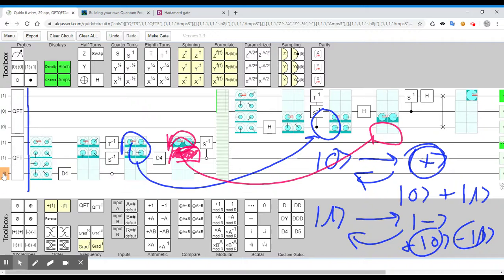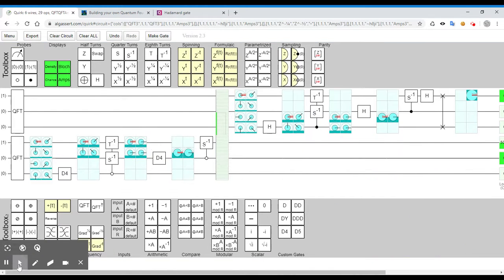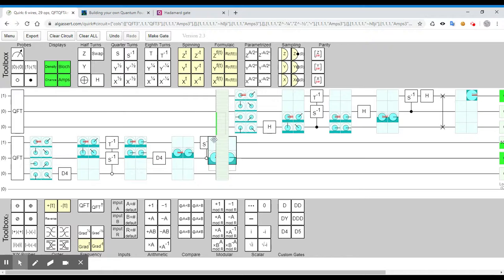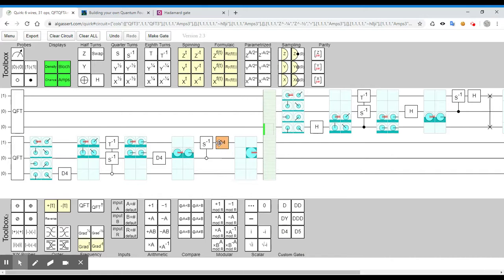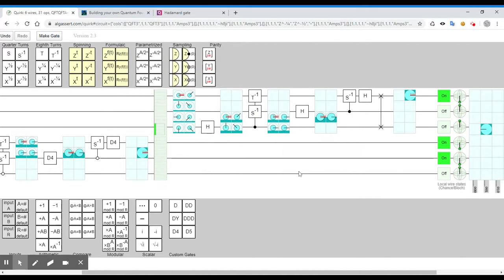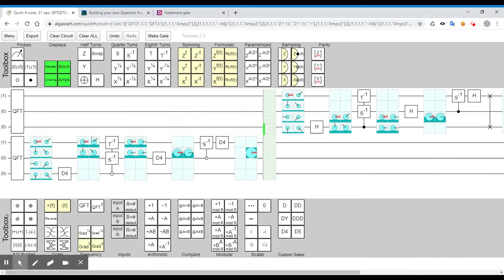But if I do these and I clean some of this stuff and I put it in here, D4, D4, D4, and then I apply a last D4, it doesn't work. It's 0, 1, 1. It should be 0, 0, 0, 0, 1. So that also doesn't work.